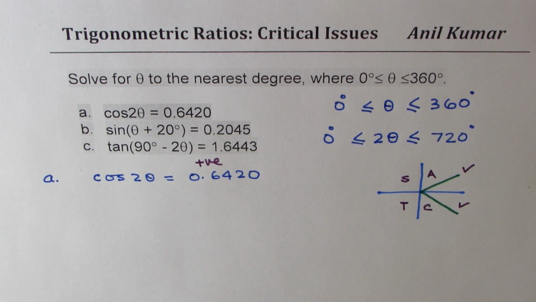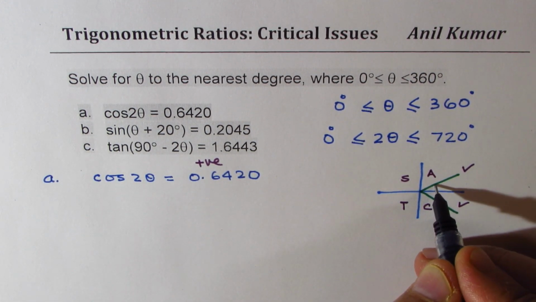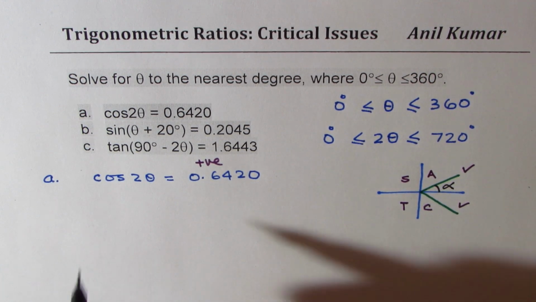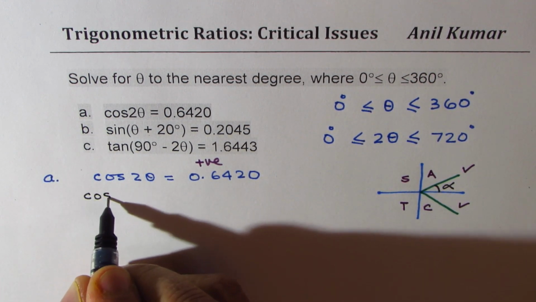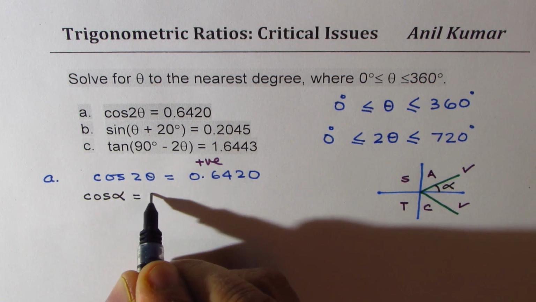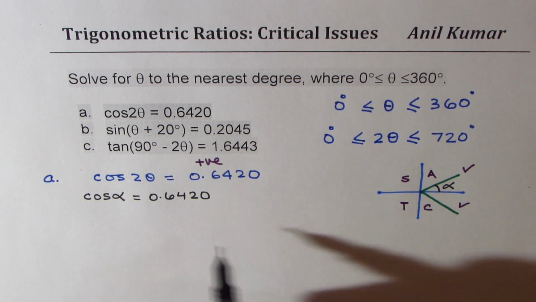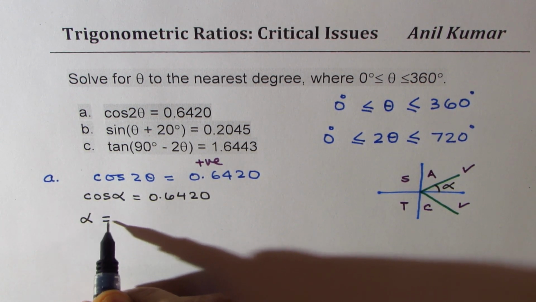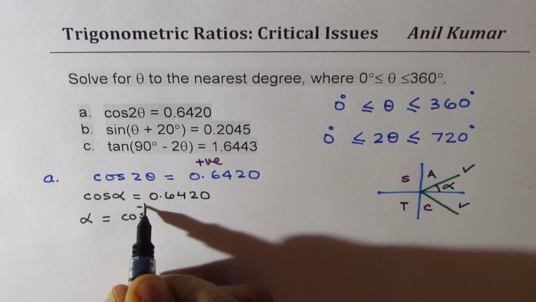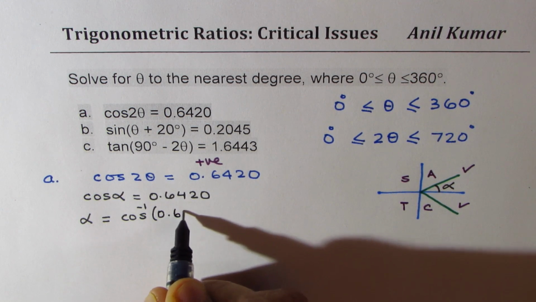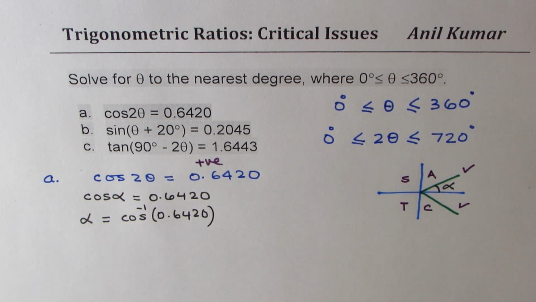So step number 1 is find the acute angle alpha, right? So we'll find the acute angle alpha. We'll say let cos alpha be equal to 0.6420. So from here, what do we get alpha as? Alpha equals cos inverse of 0.6420. So in degrees, let's figure this out.